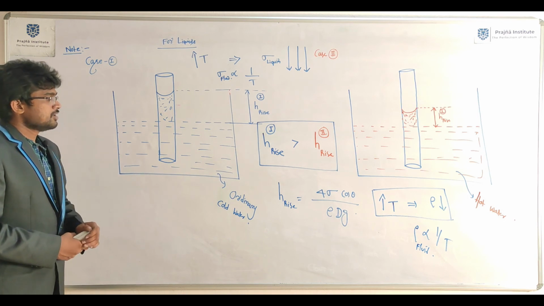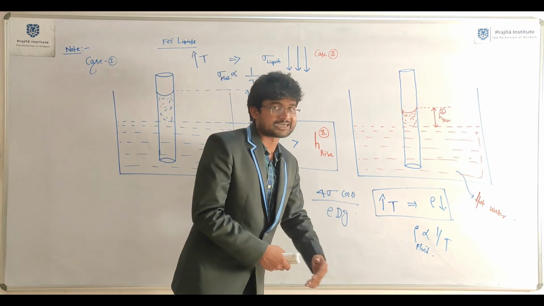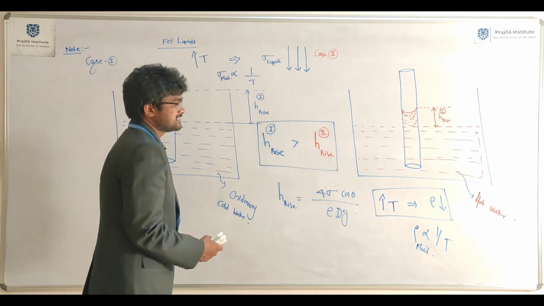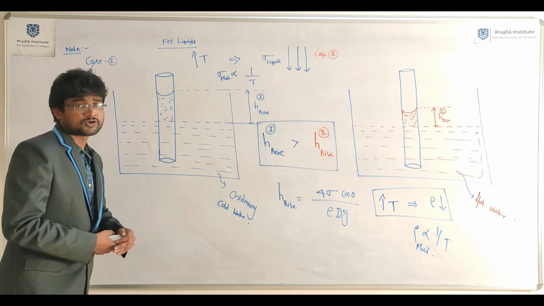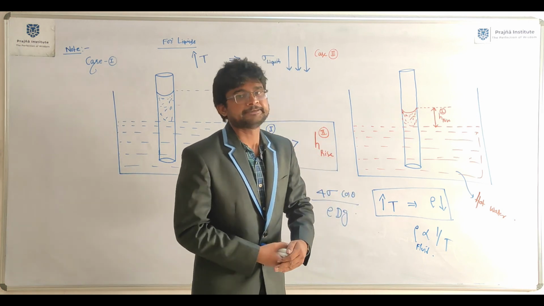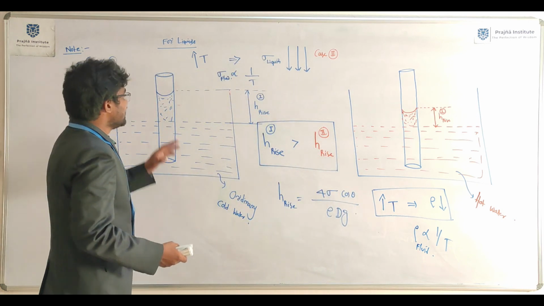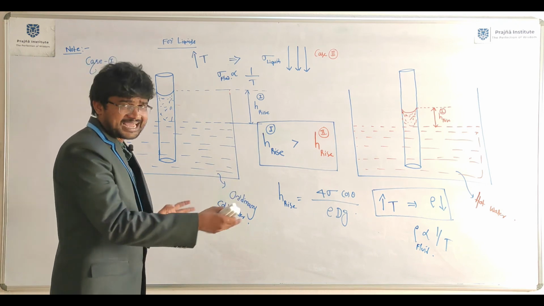You replace the ordinary cold water with hot water. Explain about H rise in ordinary cold water and H rise in hot water. In both cases, H rise in the fluid column will occur. You will see capillary rise in both cases.